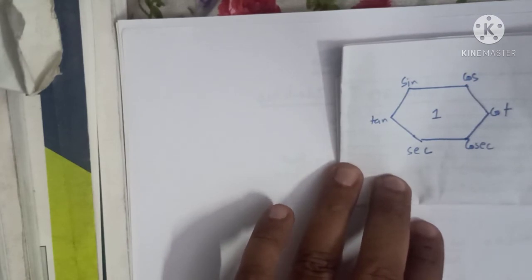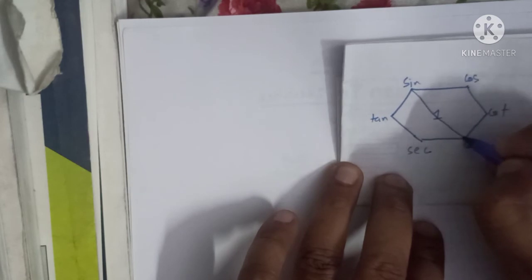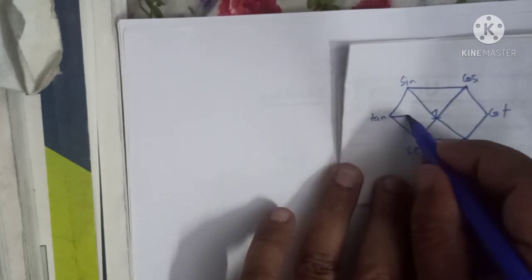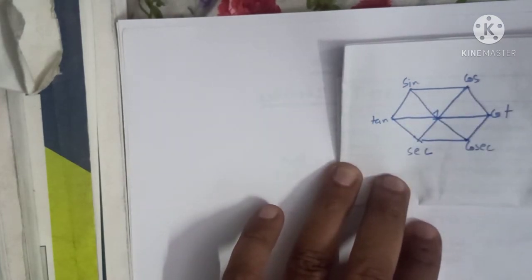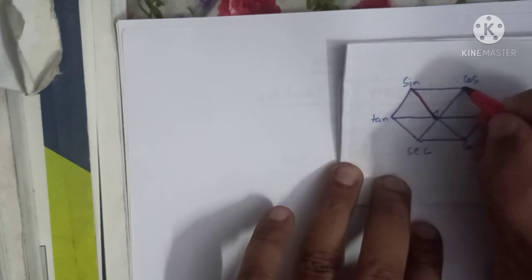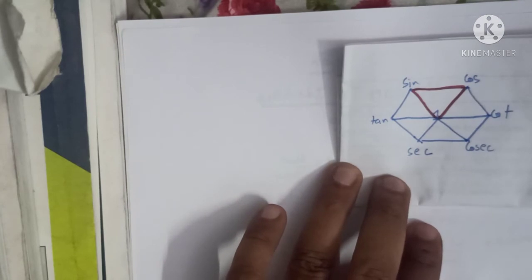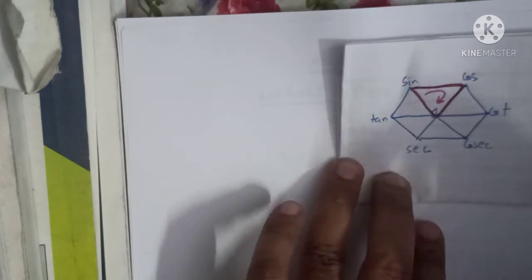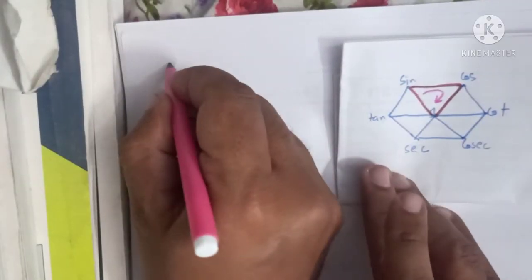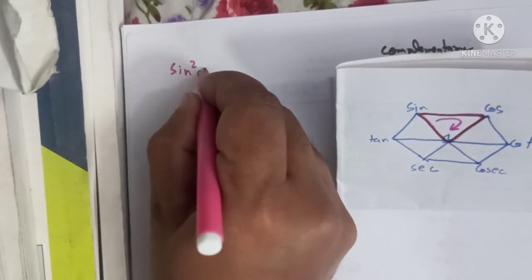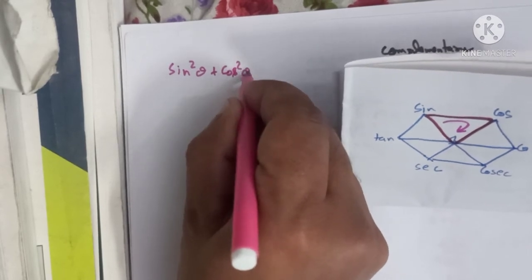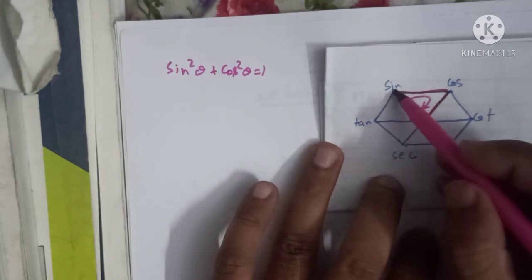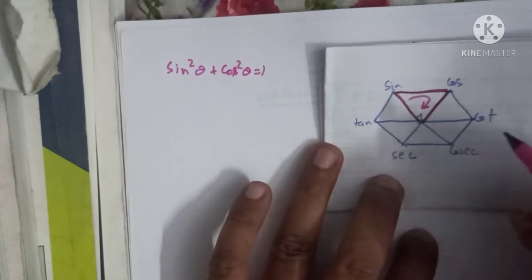If we join these lines and look at this triangle, going clockwise we can write sine square theta plus cos square theta equals 1. This is the first case.